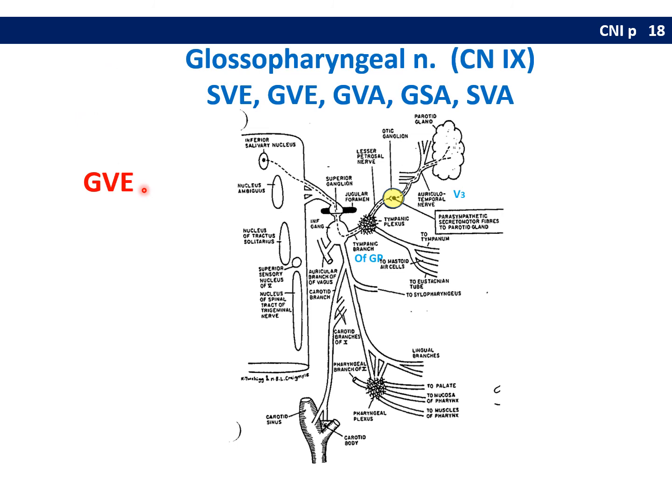The GVE fibers, we talked about these going to the parotid gland. Well, how did they get there? Those preganglionic parasympathetic fibers traveled through the jugular foramen, through the tympanic canaliculus, and the tympanic plexus in the middle ear to get to the lesser petrosal nerve, and then get to the otic ganglia.